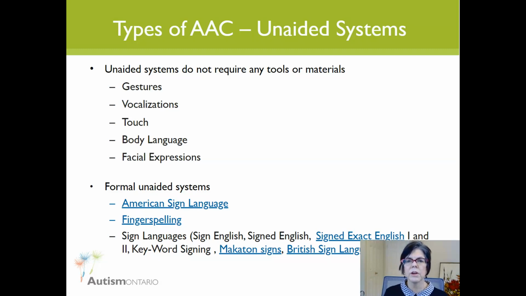And there are other types of AAC systems. So I just want to briefly let you know how they're classified in case you hear about this from your speech and language pathologist or your behavior analyst or your AAC specialist. There's unaided systems, so things like gestures, vocalization, facial expressions; you don't need any materials. And sign language is the broadest system that we can think of like that.